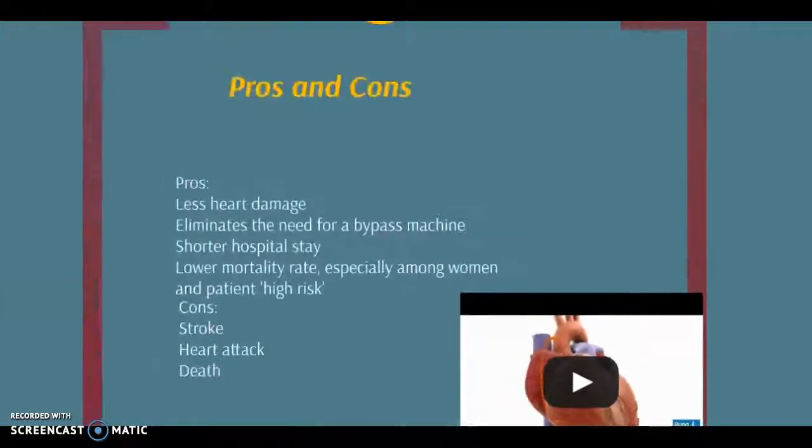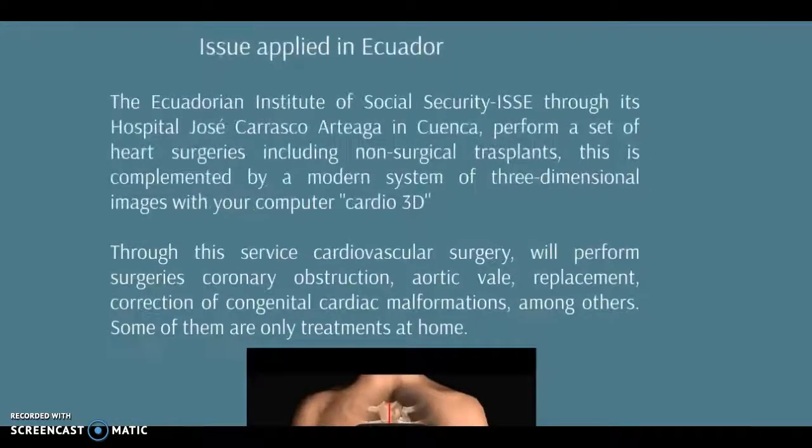So we can look at how these issues apply in Ecuador. The Ecuadorian Institute of Social Security, IESS, through its hospital Joaquín Carrasco Arteaga in Cuenca, performs a set of heart surgeries, including transplants.